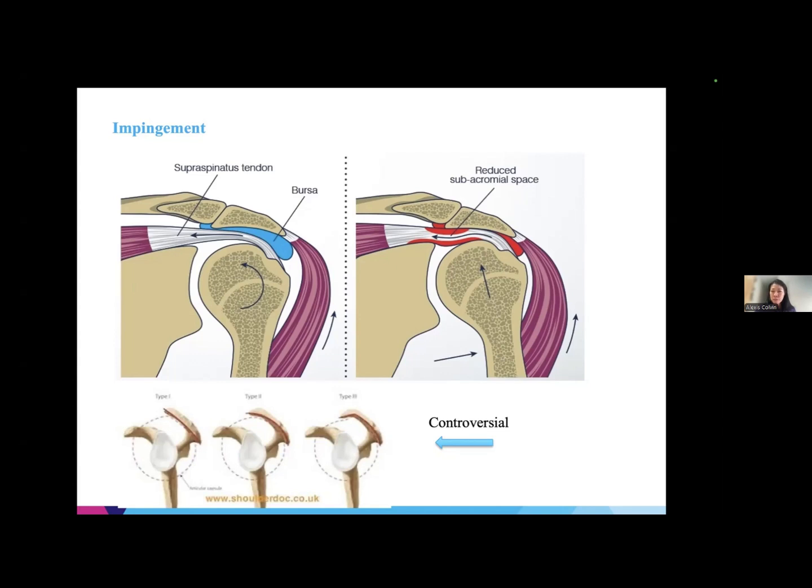There's definitely more controversy regarding whether or not that is a cause of the pathology. There have been studies done on not taking the bone off, and it really hasn't made a difference in the outcome. So the pendulum has sort of shifted in terms of whether or not that's a problem. But that is one of the factors that led to this whole theory of shoulder impingement.